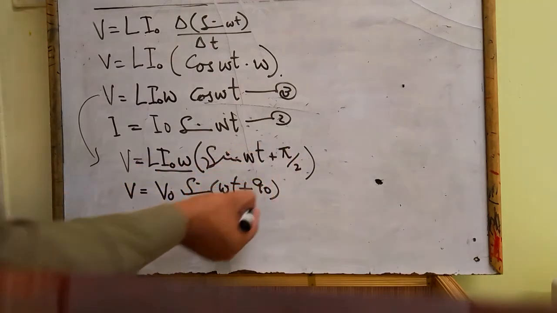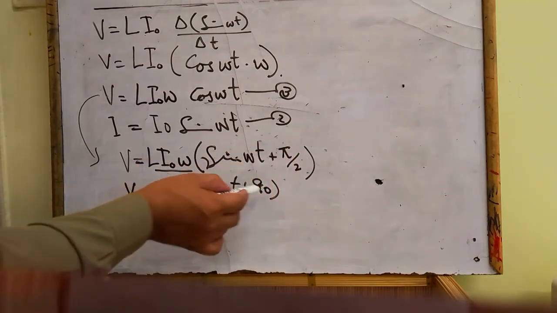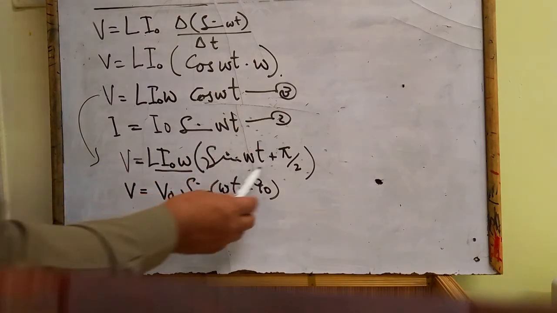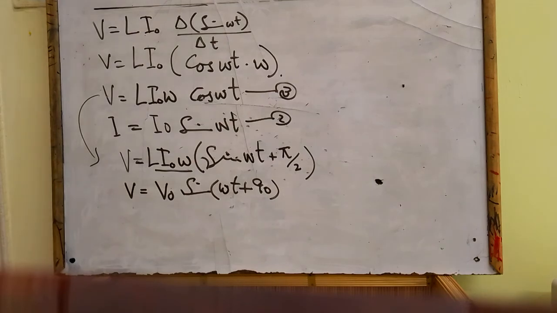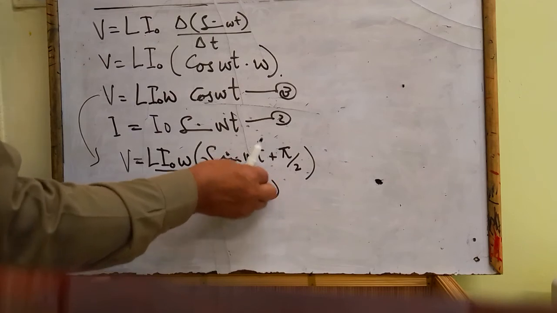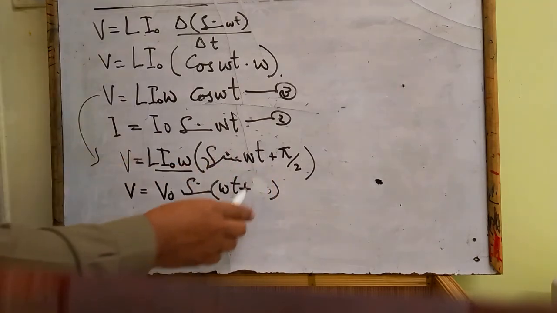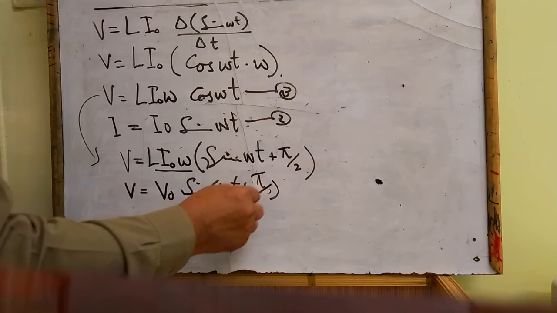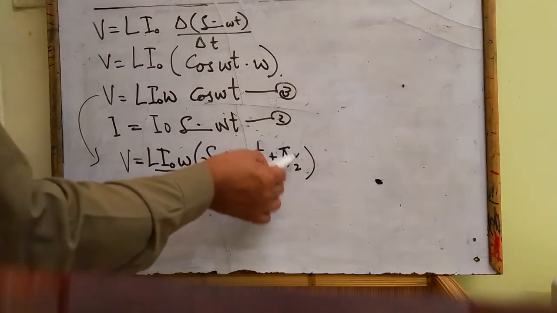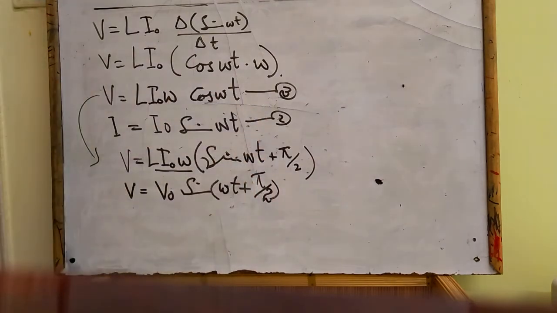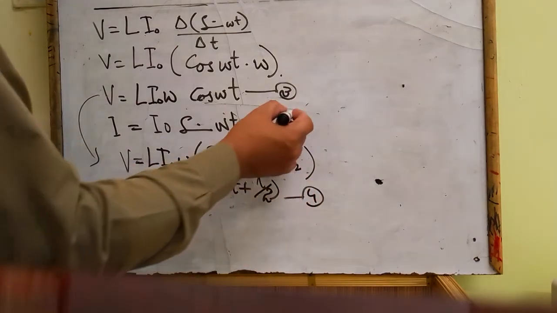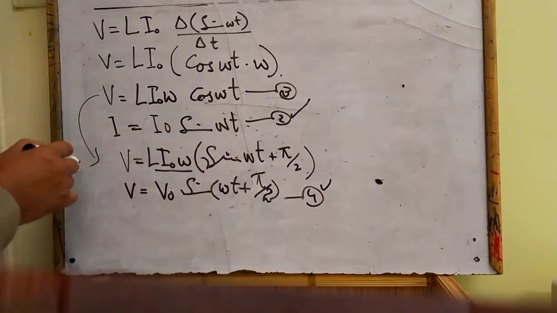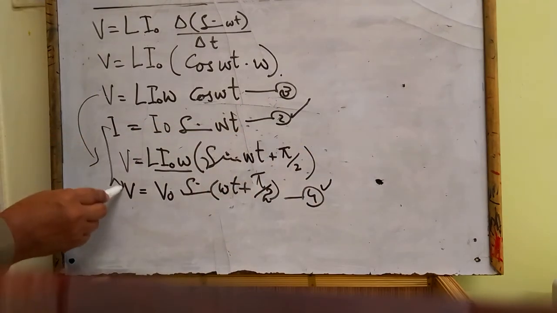Pi over 2 is equal to 90, but actually we will be using the radian value, so we change 90 into pi over 2, because radian is the SI unit of angle. Now we can compare these two equations, equation 2 and equation 4.